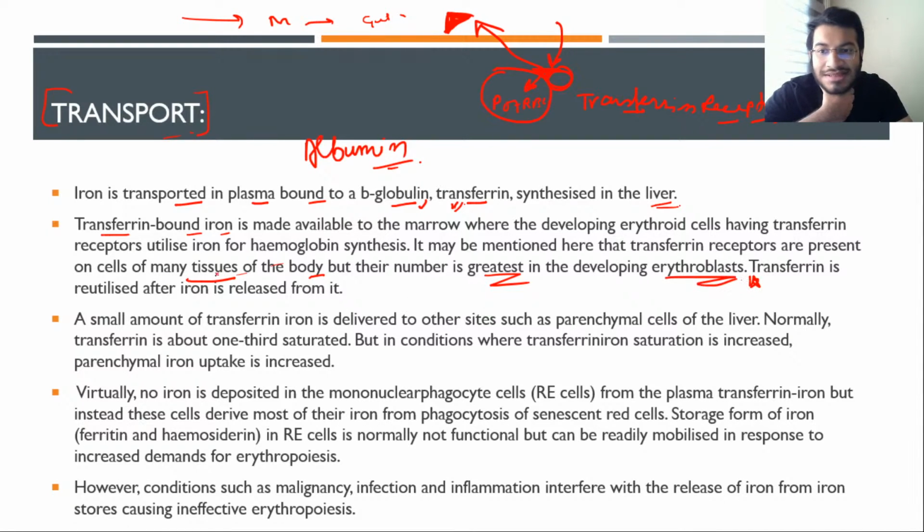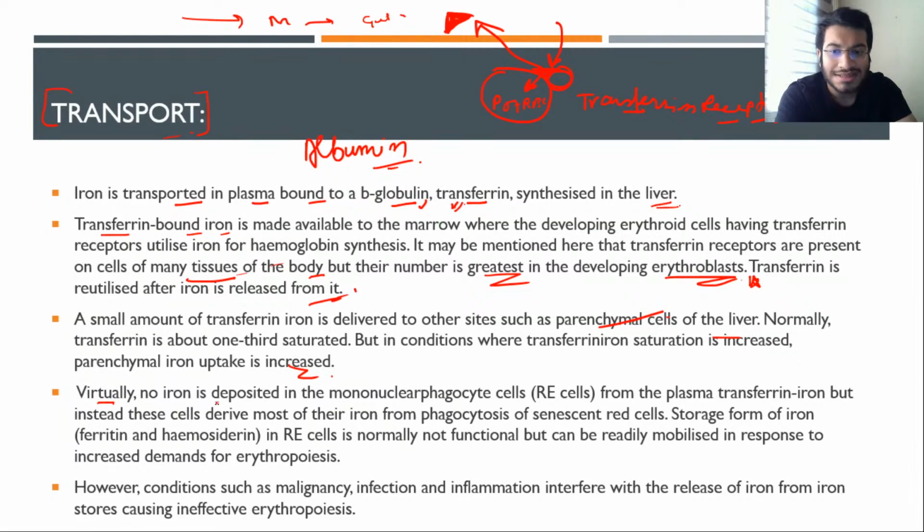The transferrin is reutilized after iron is released from it. A small amount of transferrin iron is delivered to other sites such as parenchymal cells of the liver. Normally, transferrin is about 1/3 saturated, but in conditions where transferrin iron saturation is increased, parenchymal iron uptake is increased.